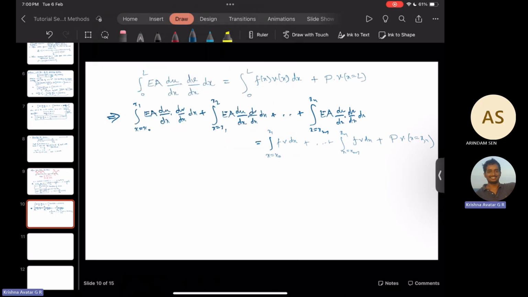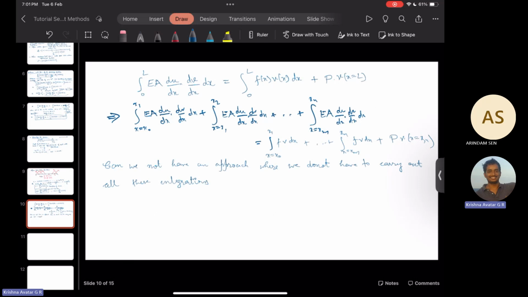I'll pose this question: can we not have an approach where we do not have to carry out all these integrations?